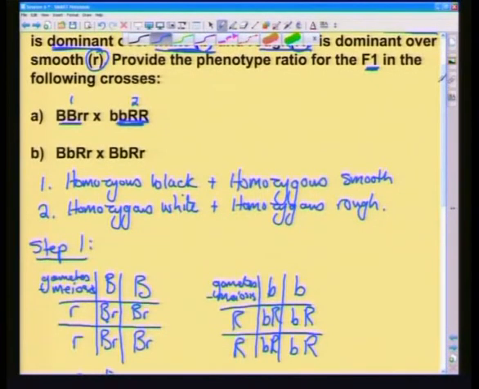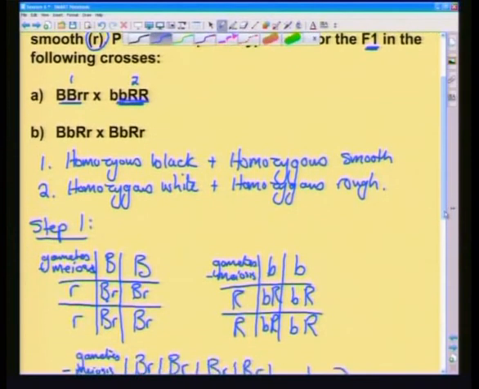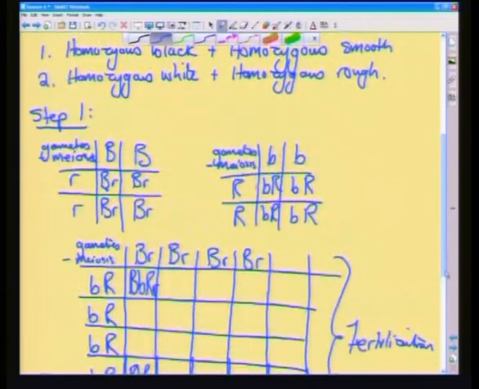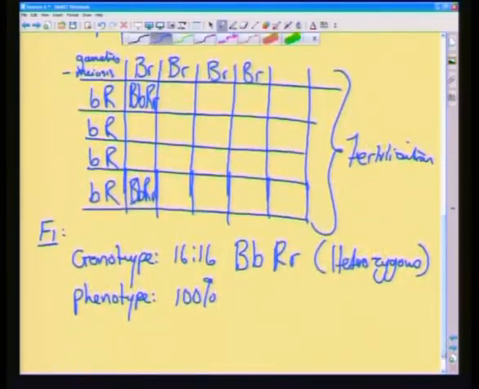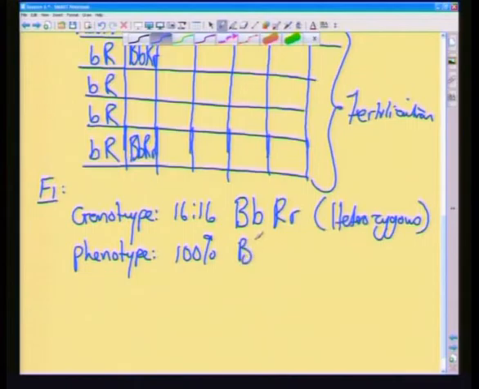We go up and we say black and smooth and white and rough. So our babies are going to be black and rough and have rough hair, rough coat. 100% of them. And that is what we will see.